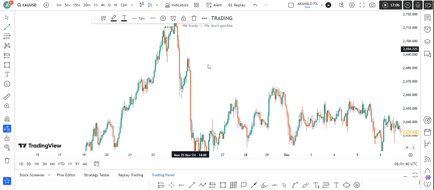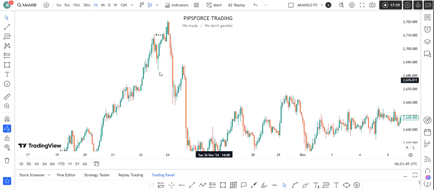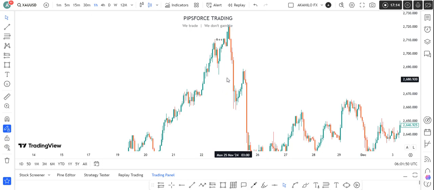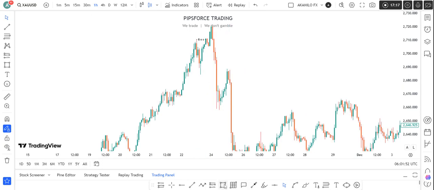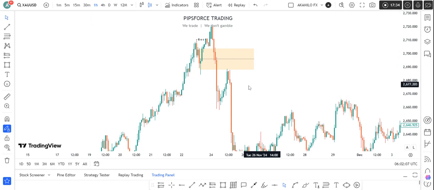So when price did that, it left this block beneath, and then we use this as our level. Then price moved back to retest this level before what? Before continuing to the downside. Price moved, tapped into the tip of it, and then moved bearish.